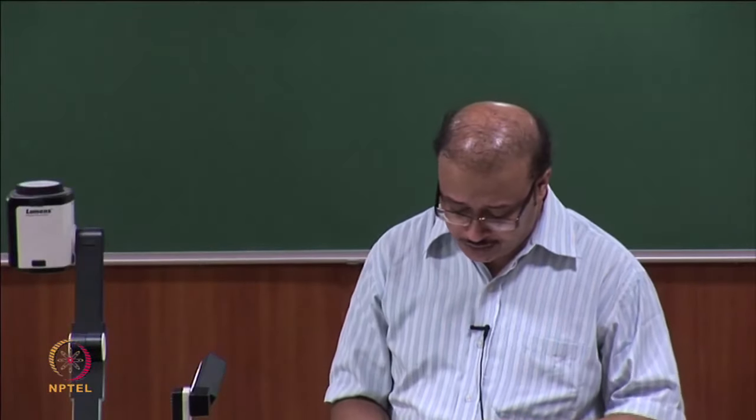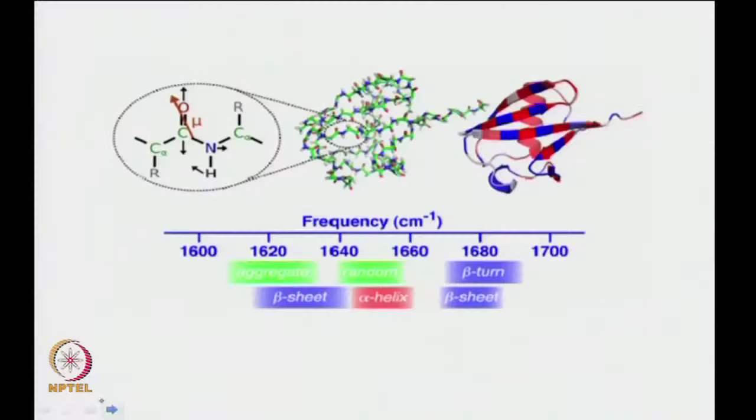So, this is again what we are talking about. If this is a certain protein, and you can see this is kind of a beta protein mostly. Now, you look at this mu, if I can show you with the arrow, this mu is your corresponding amide 1 transition dipole moment.